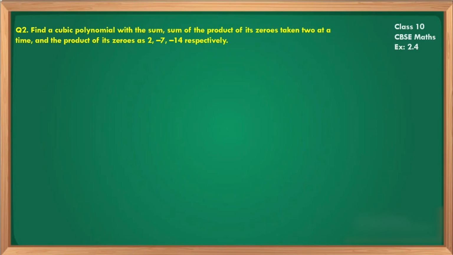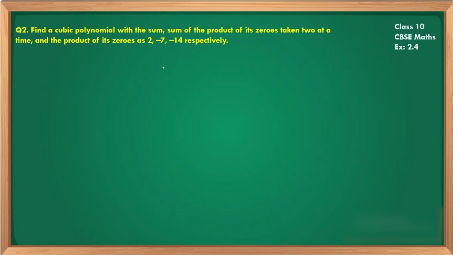Well children, now we are going to solve question 2 of 2.4. Question says find a cubic polynomial with the sum of product of its zeros taken 2 at a time and the product of zeros as 2, minus 7, minus 14 respectively. Now the question is asking us to find out the cubic polynomial, but they have given the zeros.